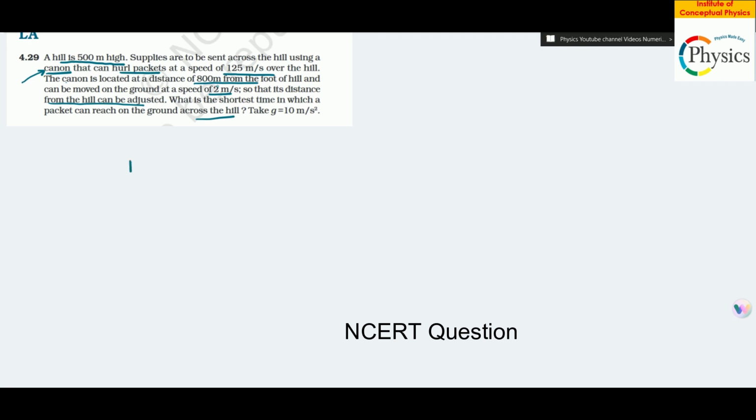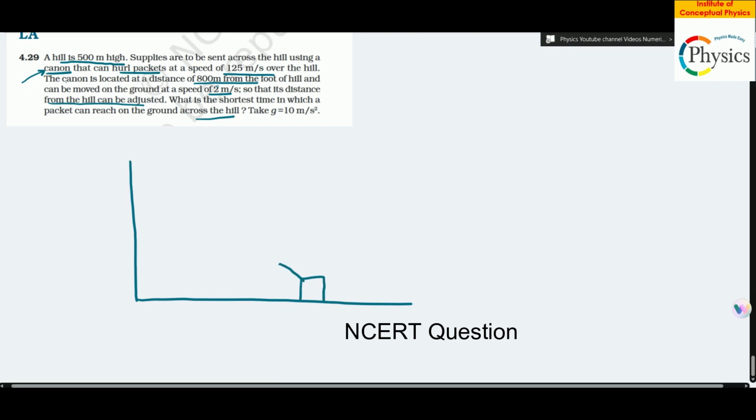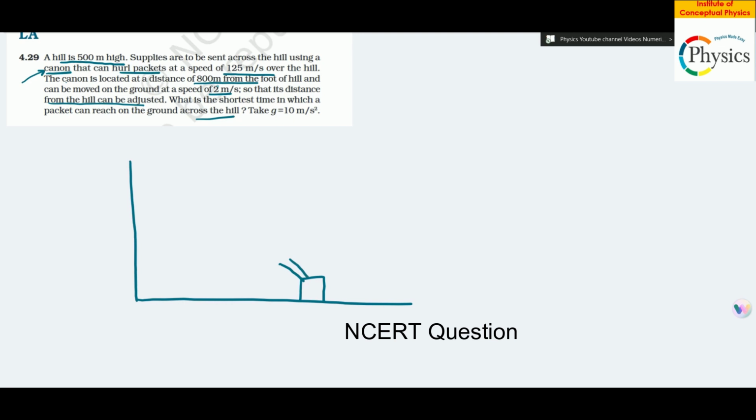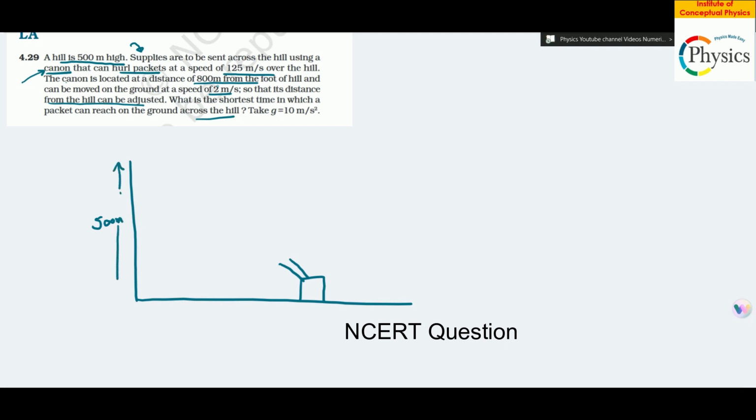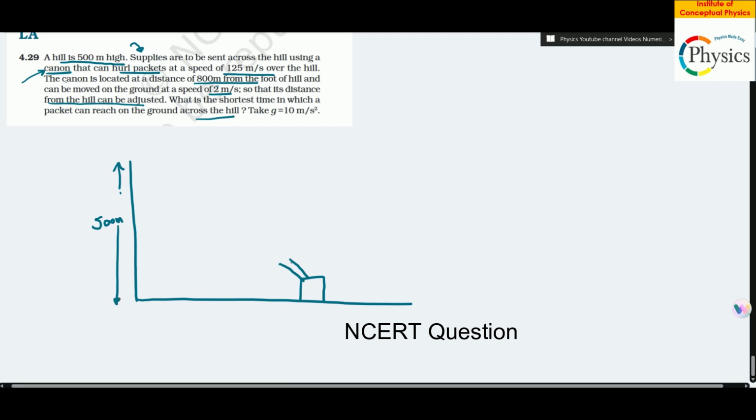So let me just draw the situation. This is your hill. This is your ground. Maybe your cannon is lying here. The cannon is throwing the supplies. Supplies could be food or water, and this hill is 500 meters. Maybe some soldiers are sitting here, and the soldiers need supplies, and someone from here continuously throws the supplies so that they can be caught here.